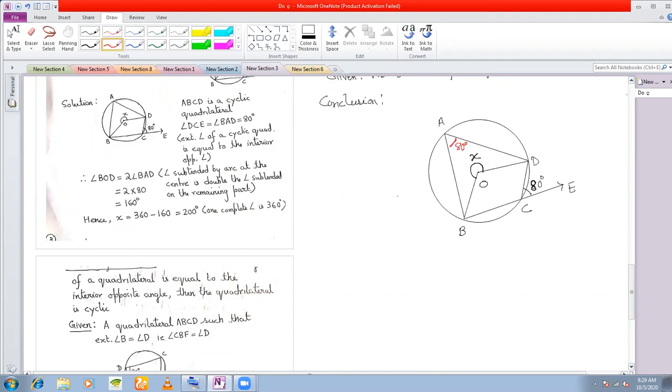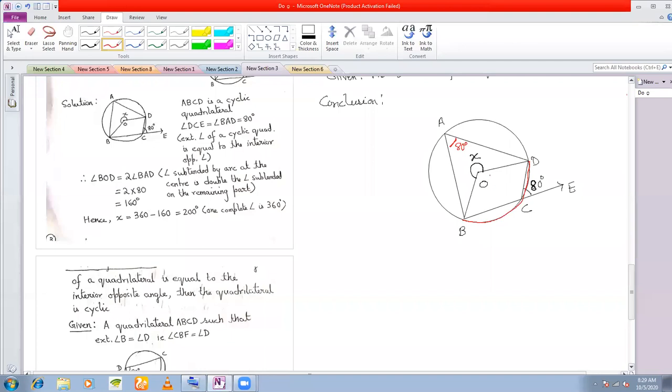Okay. Now once we have found this to be 80, this angle is the angle subtended by which arc? BD on the circle.